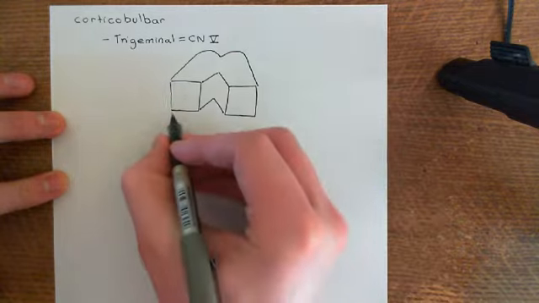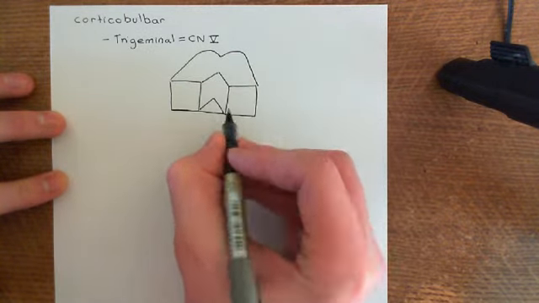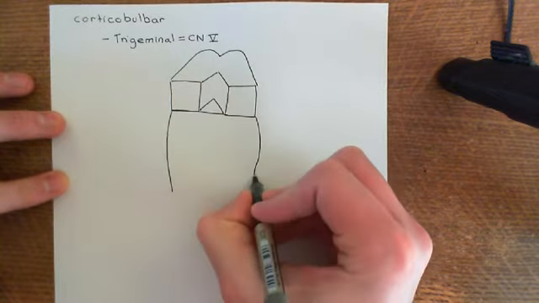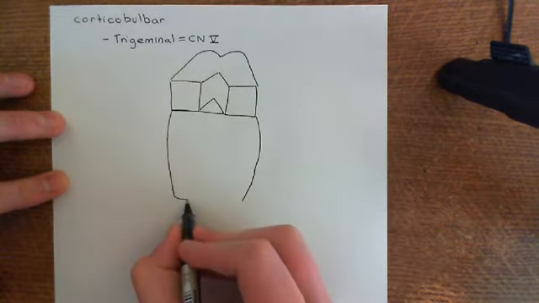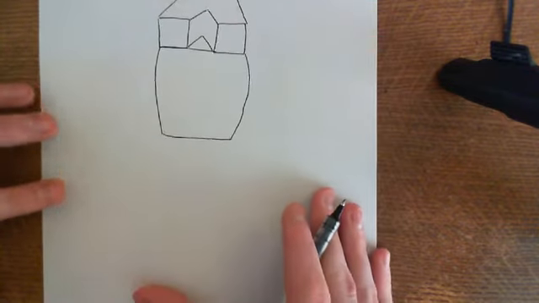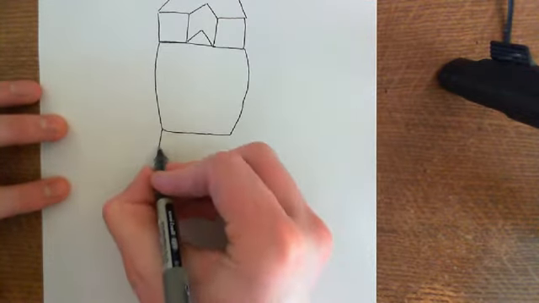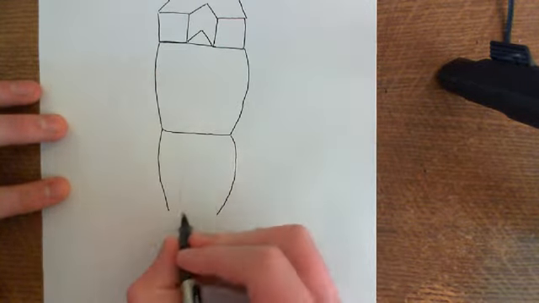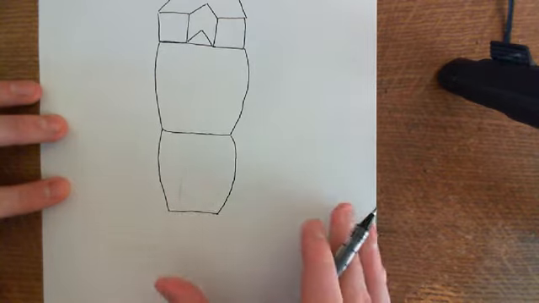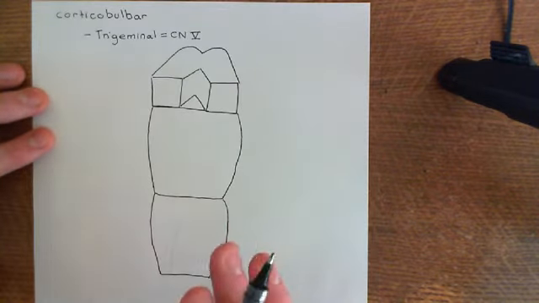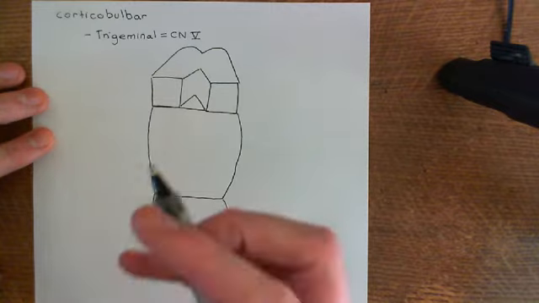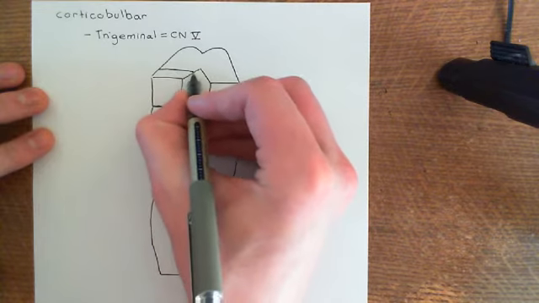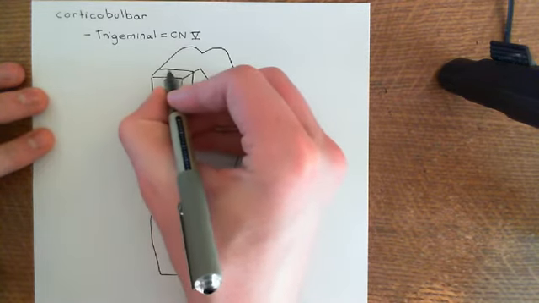So there's the midbrain, and then underneath the midbrain you're going to have the pons, the next major portion. Then underneath the pons, you're going to have the medulla. We're not really going to need the medulla in this discussion, but I'll put it there anyway. So there's the medulla. Let's now add on the pathway that these fibers take. We're now talking about corticobulbar fibers, however they run along with the corticospinal fibers.